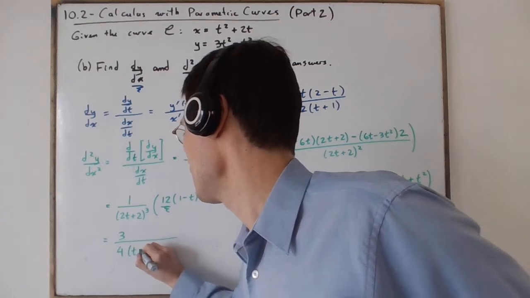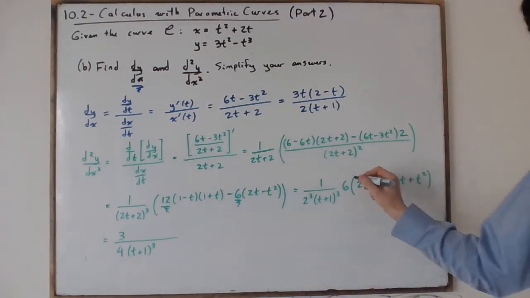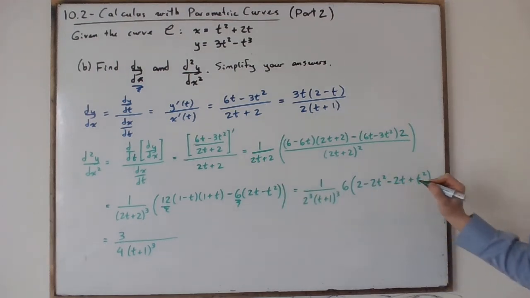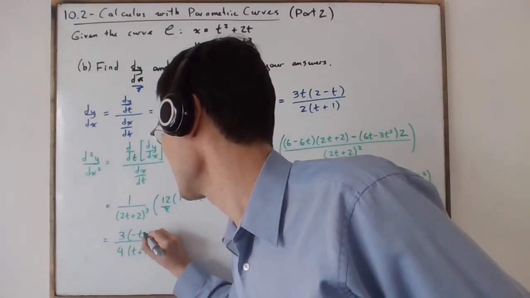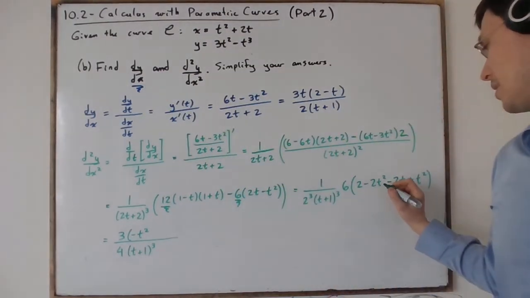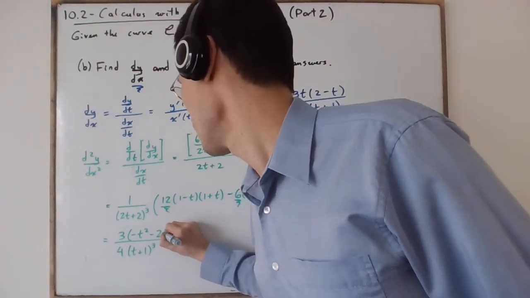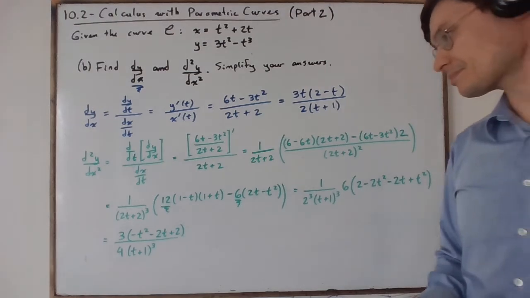So let's put the t plus 1 to the power of 3. Now the 6 is canceled out, it's a 3, and then we have negative 2t squared plus t squared. So in brackets we have negative t squared, then minus 2t plus 2, like this.